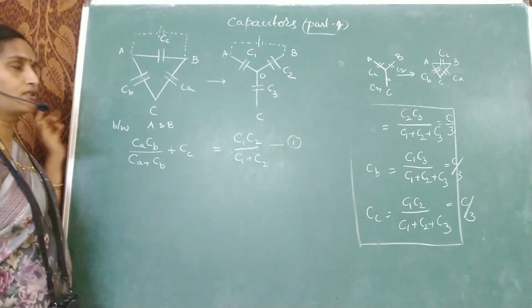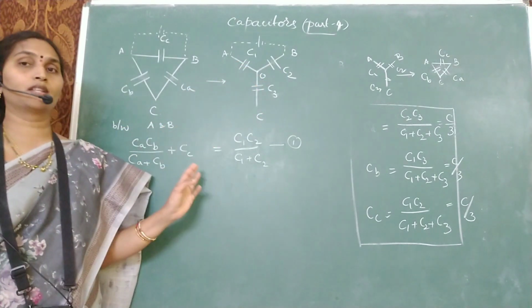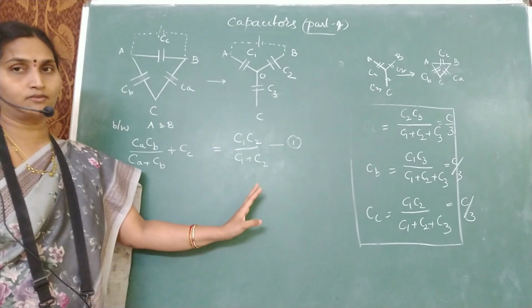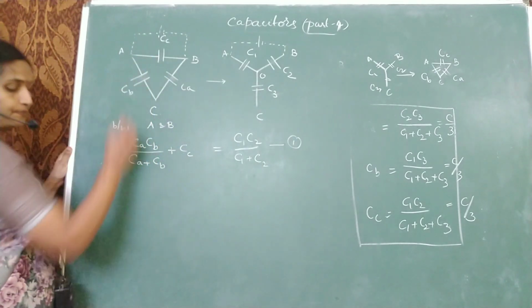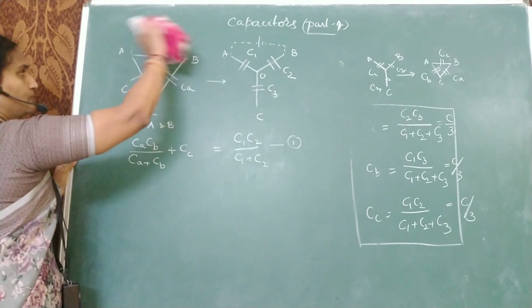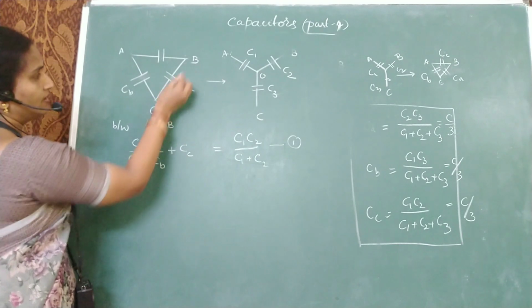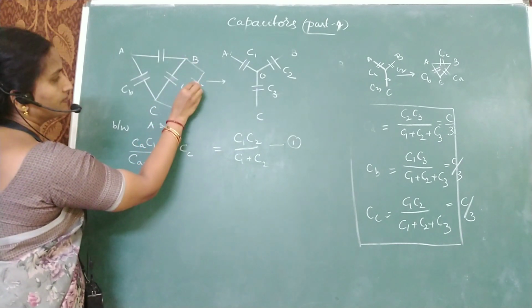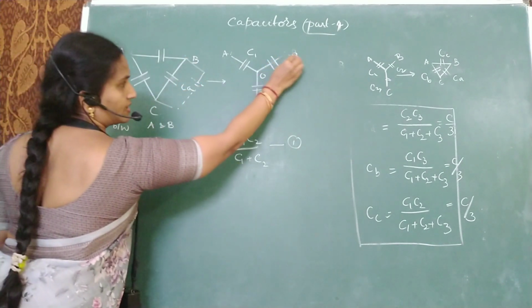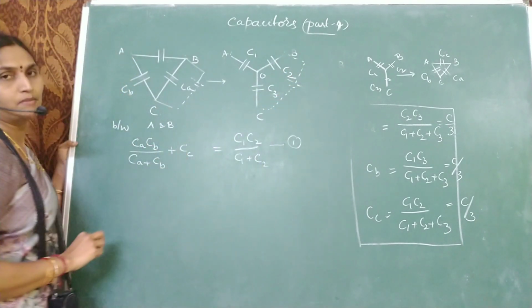But because there are three unknowns, C1, C2 and C3, we need three relations to solve this circuit. So one equation I have got. Second, connect a power supply between B and C. Now I will remove this. If I connect a battery between B and C in both circuits, you should get the same capacitance.